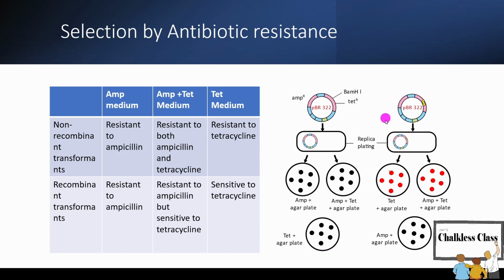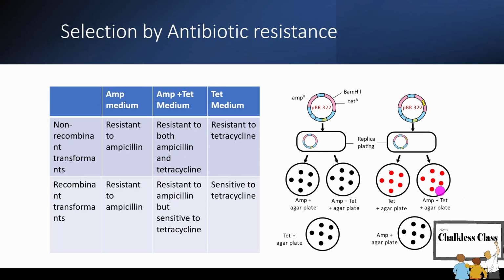Now let us take a recombinant transformant. When the recombinant transformant is transferred to tetracycline containing medium, it cannot survive, because here the tetracycline resistance gene is disturbed by the DNA sequence which we inserted into it. So these cells cannot resist the antibiotic tetracycline. In the same way, if we transfer these colonies to the ampicillin and tetracycline containing medium, they also cannot survive.